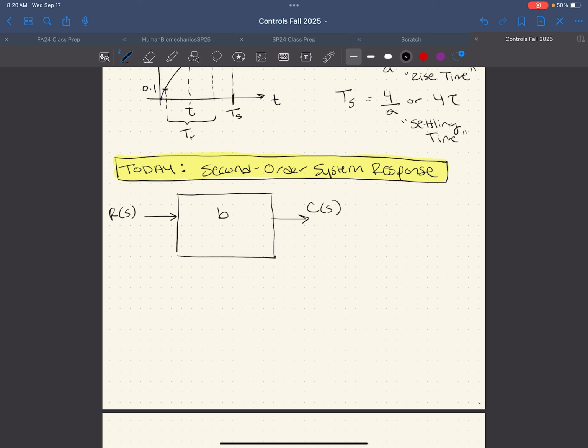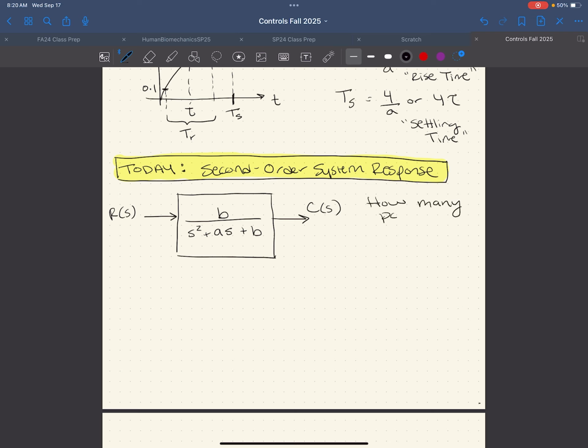So I could write this as some constant b over s squared plus a s plus b. Now my first question for you is, how many poles do we expect for a system like this?